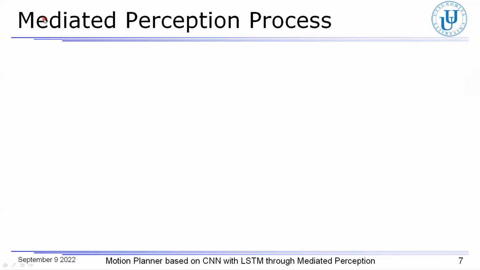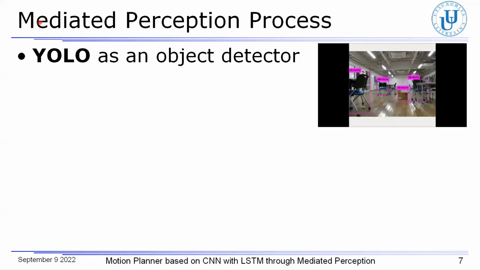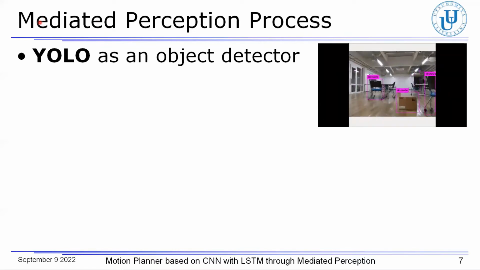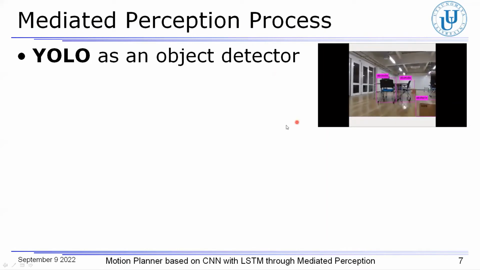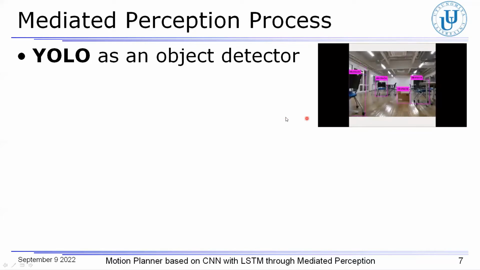Here, let us explain the mediated perception process for obstacle recognition. The perception process is provided between the image inputs and the CNN in the motion planner. As an object detector, we use YOLO. As long as YOLO recognizes them, objects in the images are all detected, as can be seen in this movie.